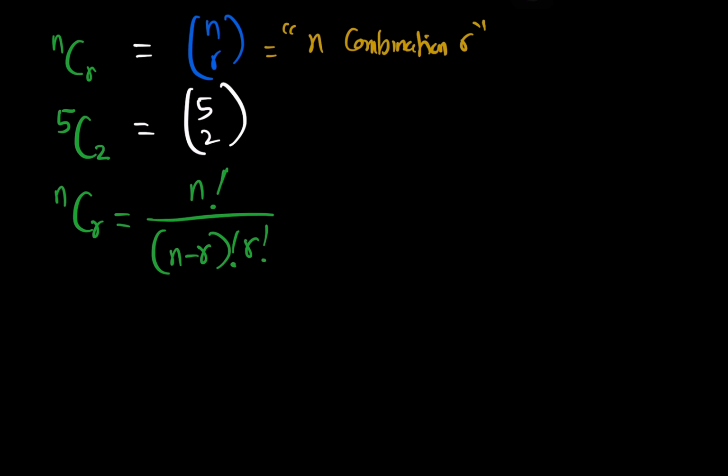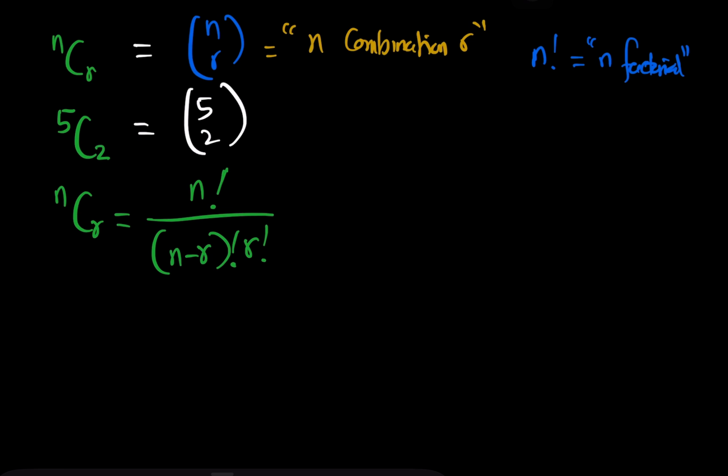When you see something like this, it's called n factorial. That's how you read it. Now n factorial means something, right? Let's take a look at that.